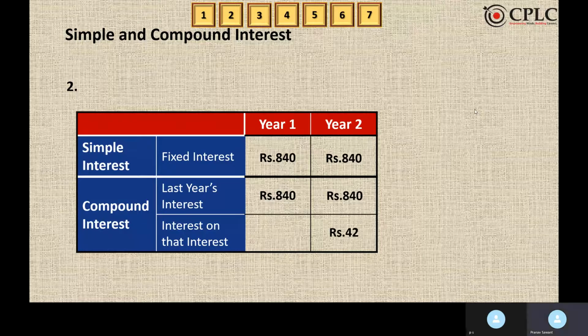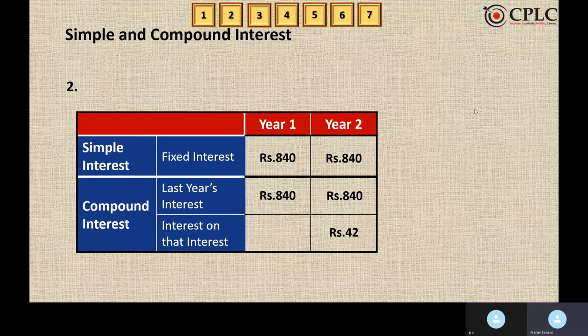For the second year, the compound interest has to be more than the first year. It is said that the difference between simple interest and compound interest for the 2 years is rupees 42. This means we can say that the difference between simple interest and compound interest for the second year only is 42 rupees.